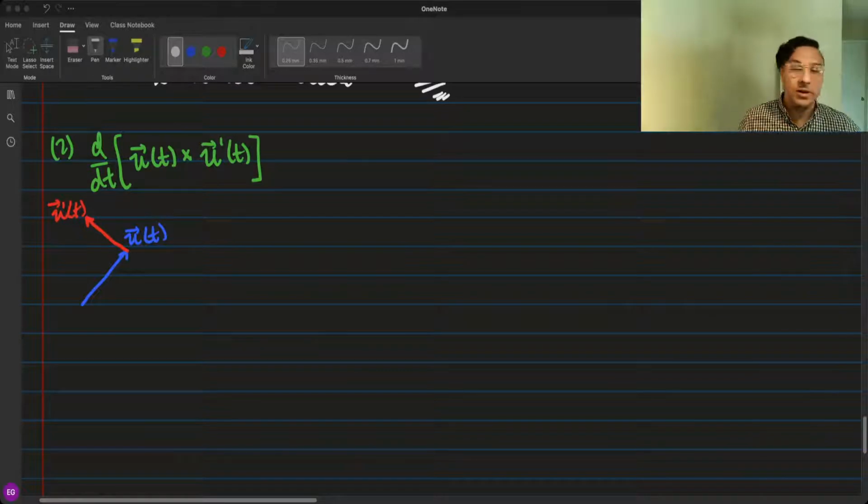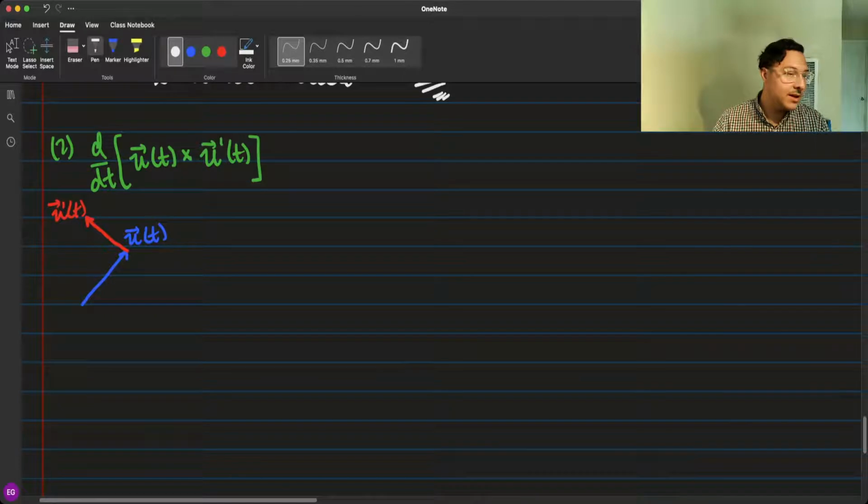You're correct. It's orthogonal to both of them. So what you get is this other vector, the cross product, which is orthogonal to both.